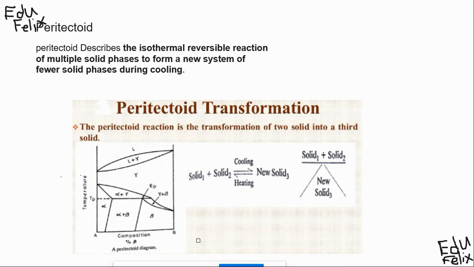It is not the same as A, it's not the same as B. In between A and B, you have formed alpha solid. Also in between, you have formed beta solid. Below this temperature, the composition may change from A and B, and you form alpha plus beta solid.